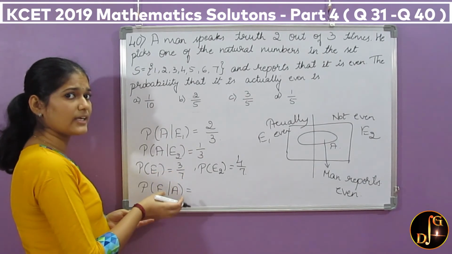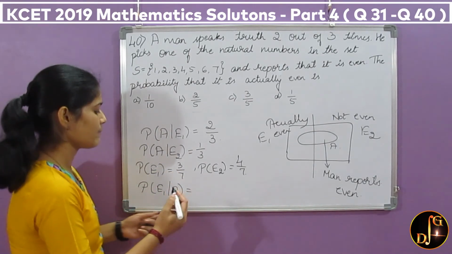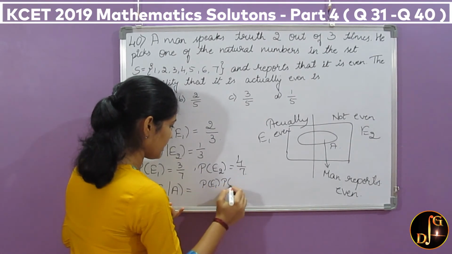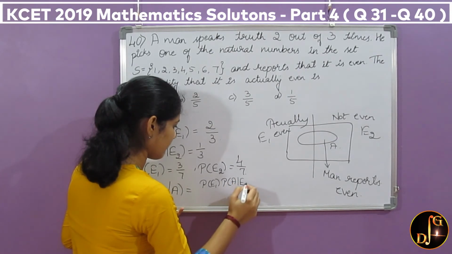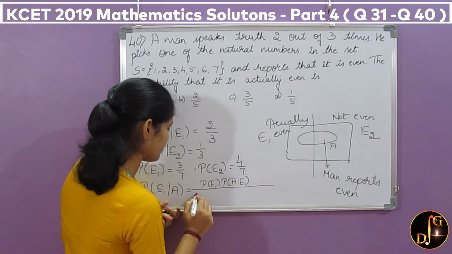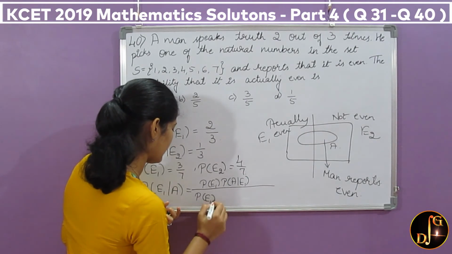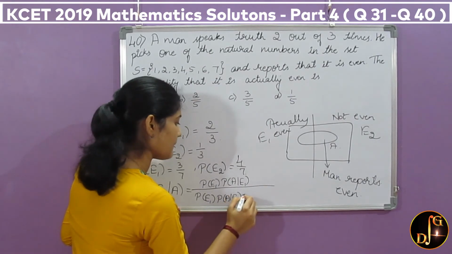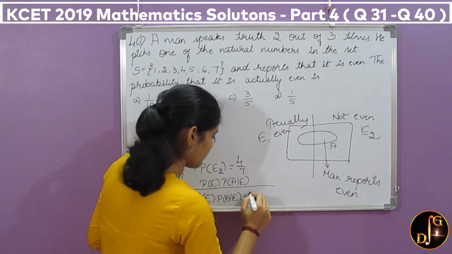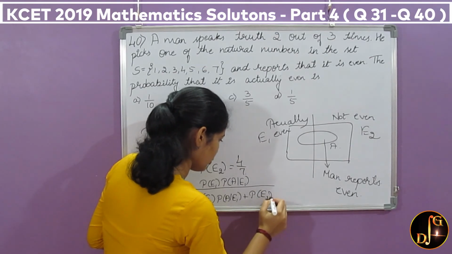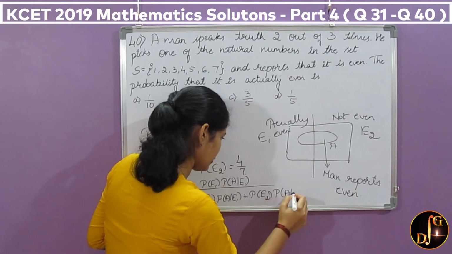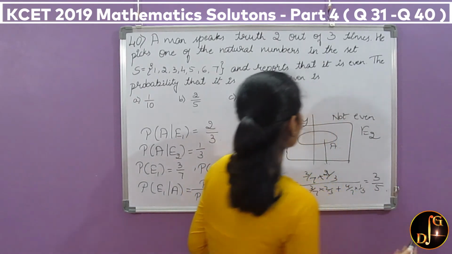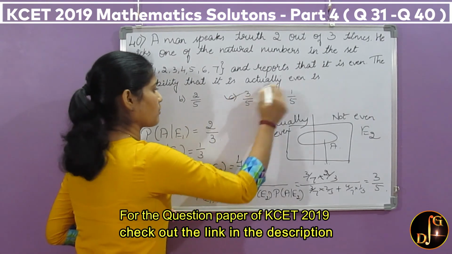The probability that it is actually an even number is, we know the formula, P of E1 into P of A given E1, whole divided by probability of E1 into probability of A given E1 plus probability of E2 into probability of A given E2. On simplification, we will get 3 by 5. So the correct answer is option C.